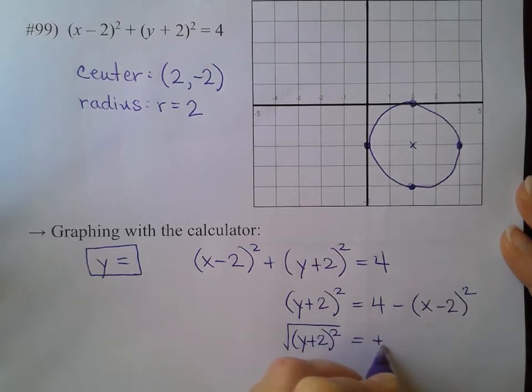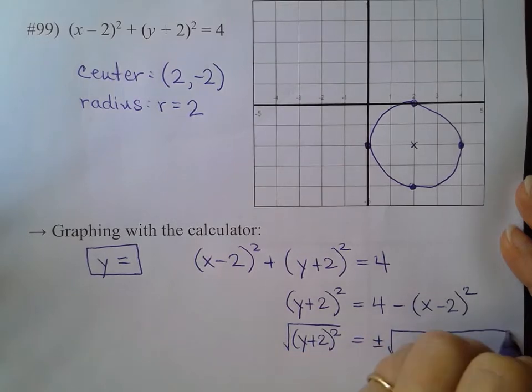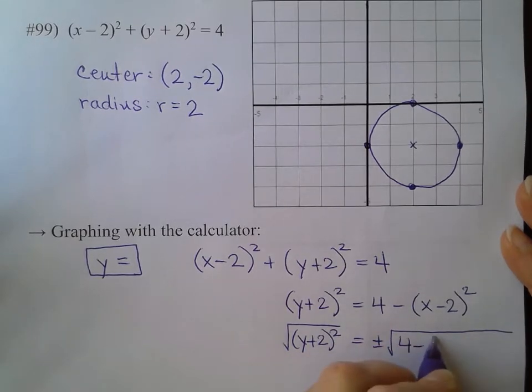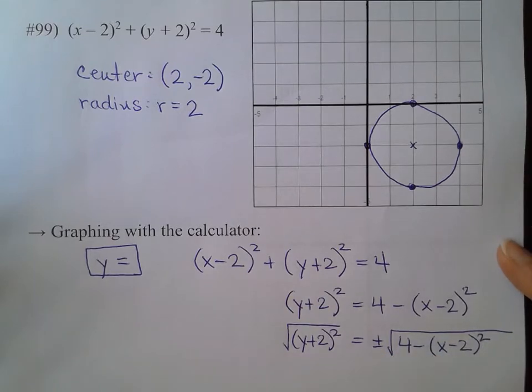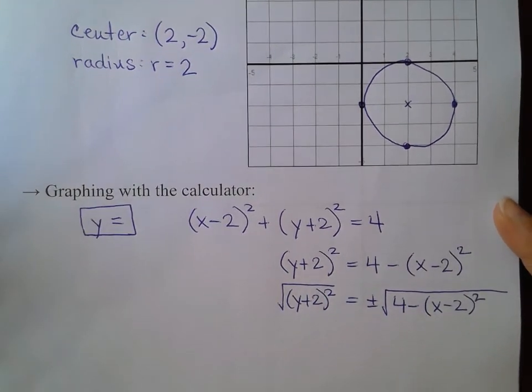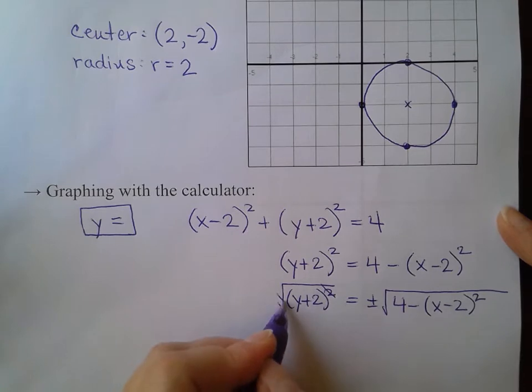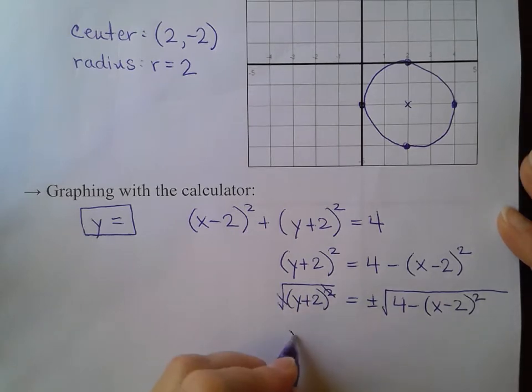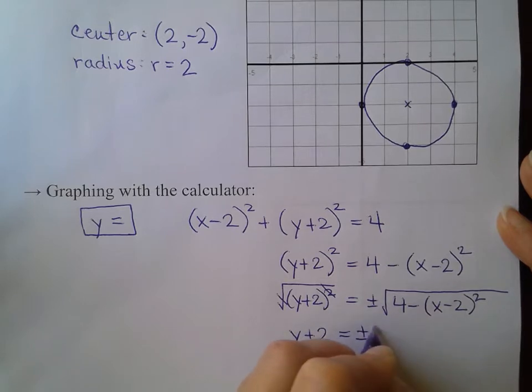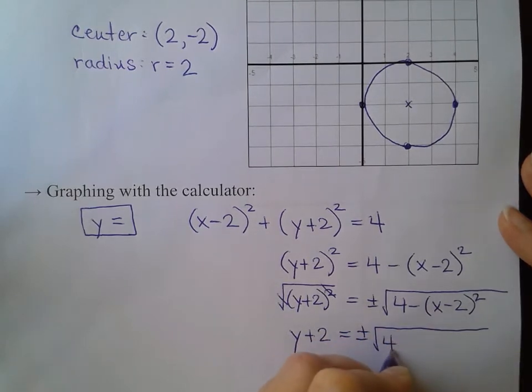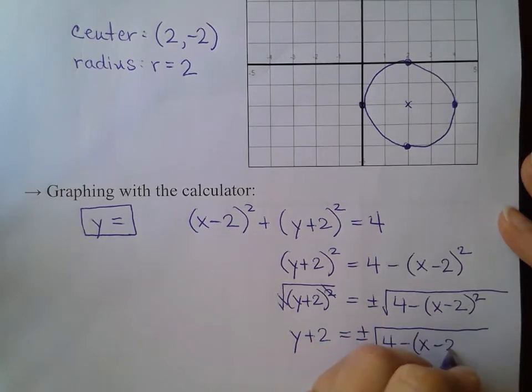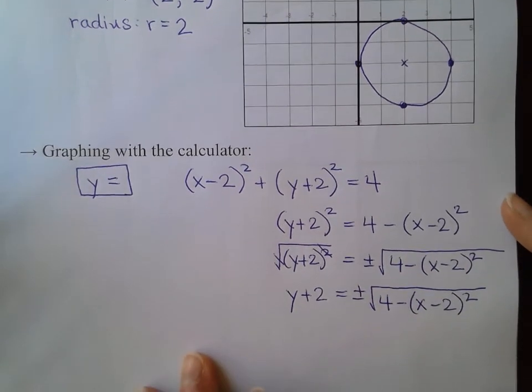Anytime I put the square root into the problem and it's not already there, I need to include the plus or minus. And that's a really key part of what we're doing right now. So the square and the square root are going to cancel each other out. And then I want to get y by itself, so I'm going to subtract 2 over to the other side.